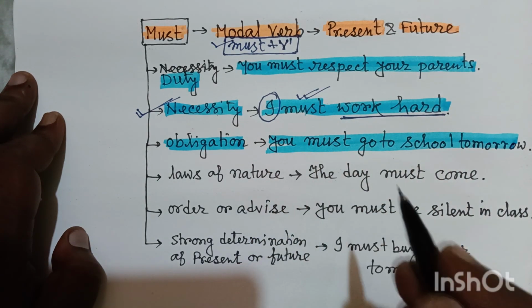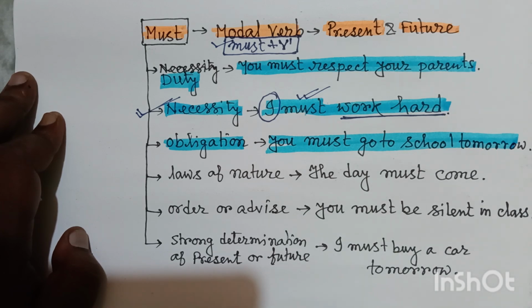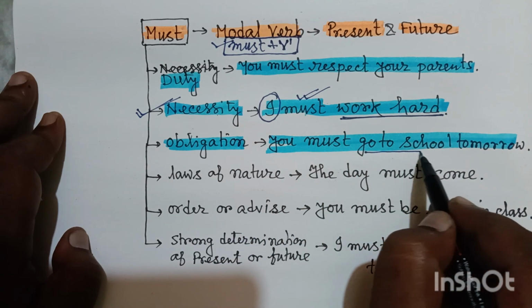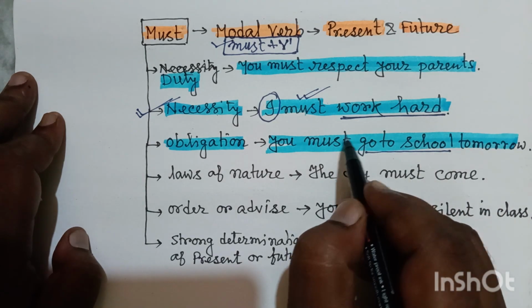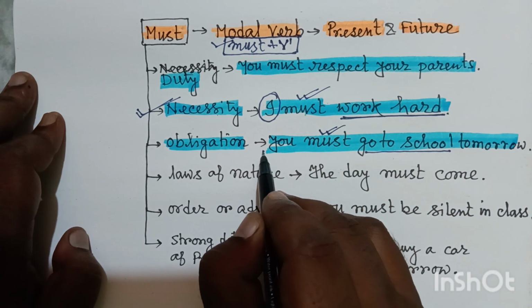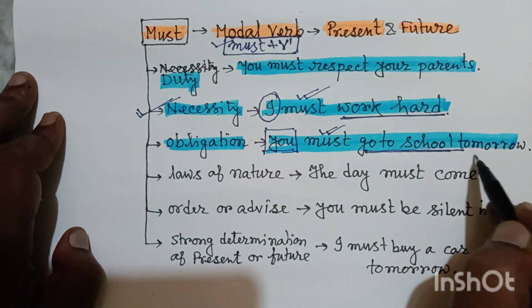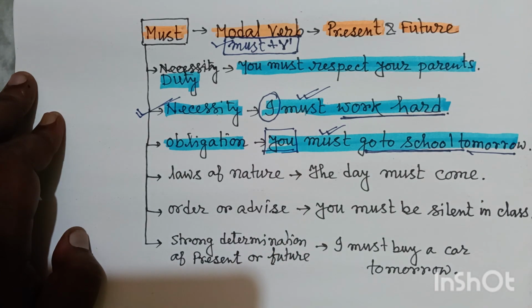Maybe some elders or some other persons, maybe teachers, are forcing us to do this activity, and for that we are using the term must. That means this subject is bound to perform this activity tomorrow, so it is obligation. My dear friends, all these are very much important because the changes of must in narration change depend upon the usage of these words.